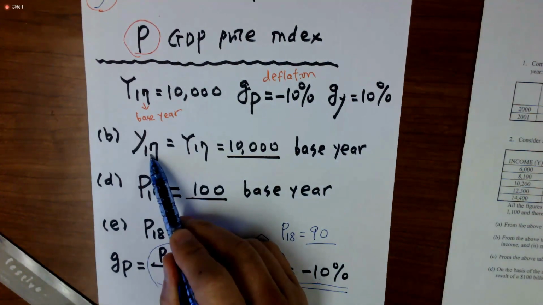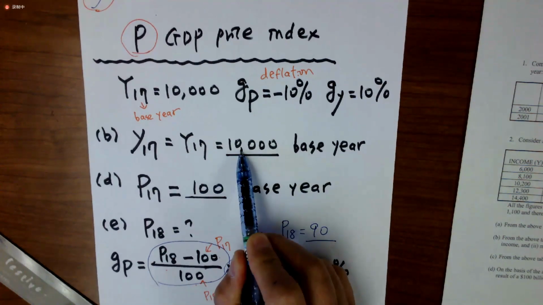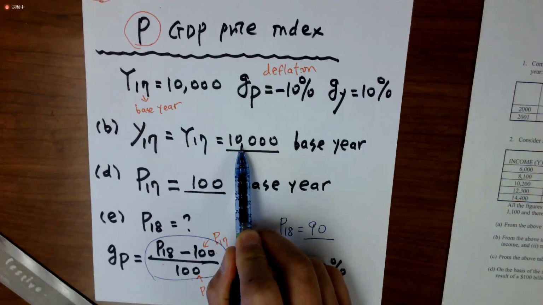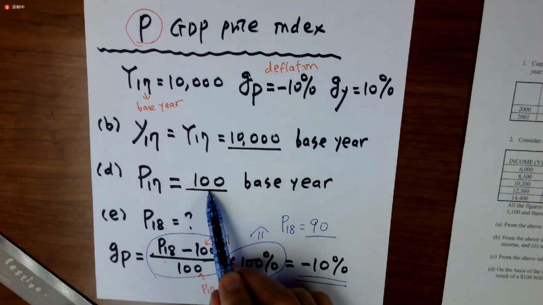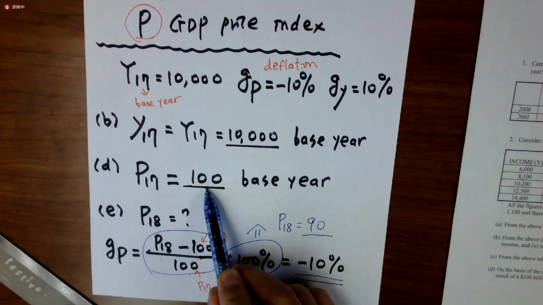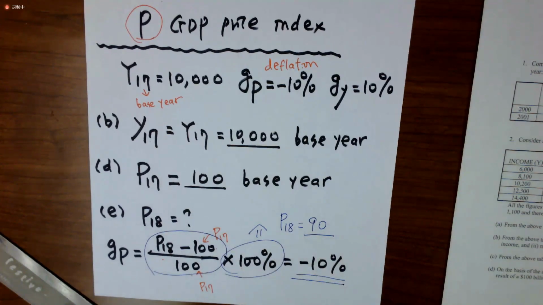Do you need more than 30 seconds for this? Say no. You don't need to show your full work, do you? For D, you don't actually need to write out the formula. You can just write 100, base year.